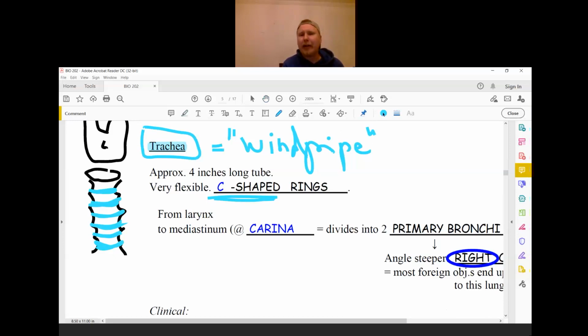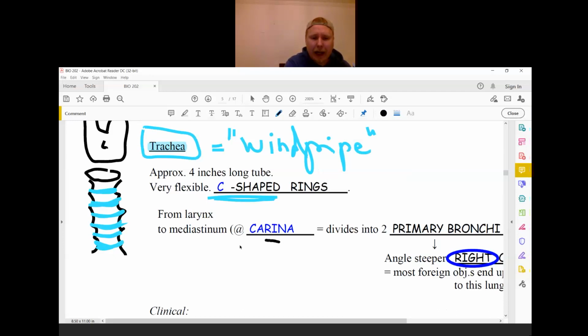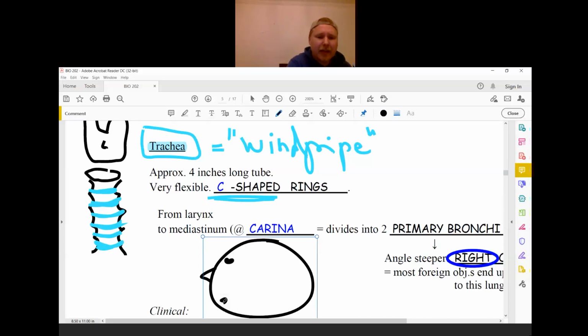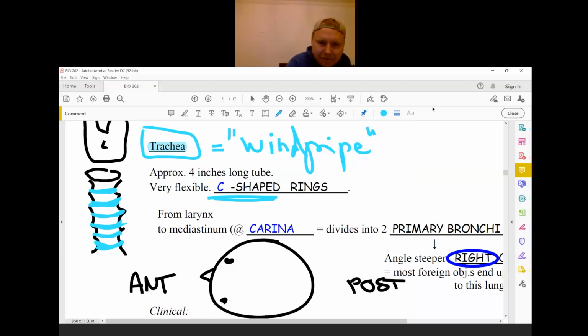So let's draw a quick diagram. And again, I'm simplifying things. This is looking down on an individual and not to scale, but the anterior side, the front, is here on the left, posterior side at the back. And let's draw one of those C-shaped rings of the trachea.